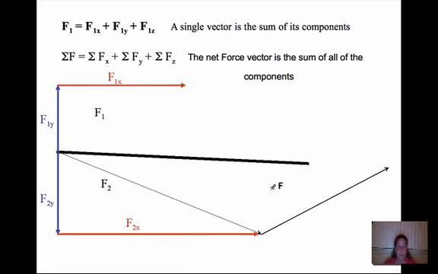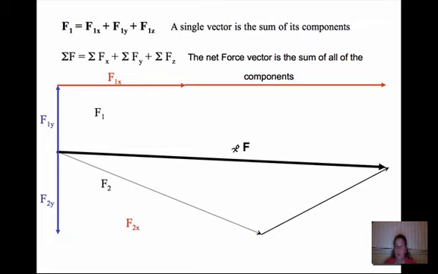And now the net force, sorry, that symbol is not right, but that's sigma F. The net force is the sum of F1 and F2 as we've moved them. We can do the same thing, though, by adding up the component vectors. So let's move the F2x. So now we have both of the X components added head to tail.